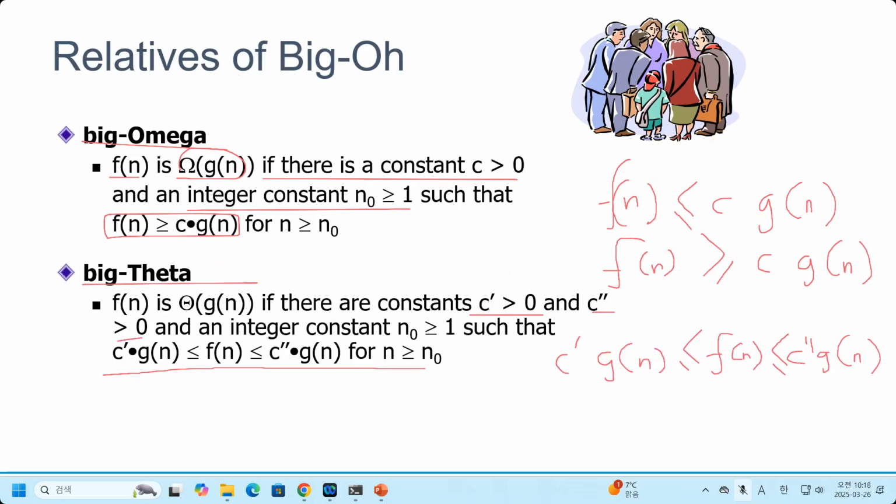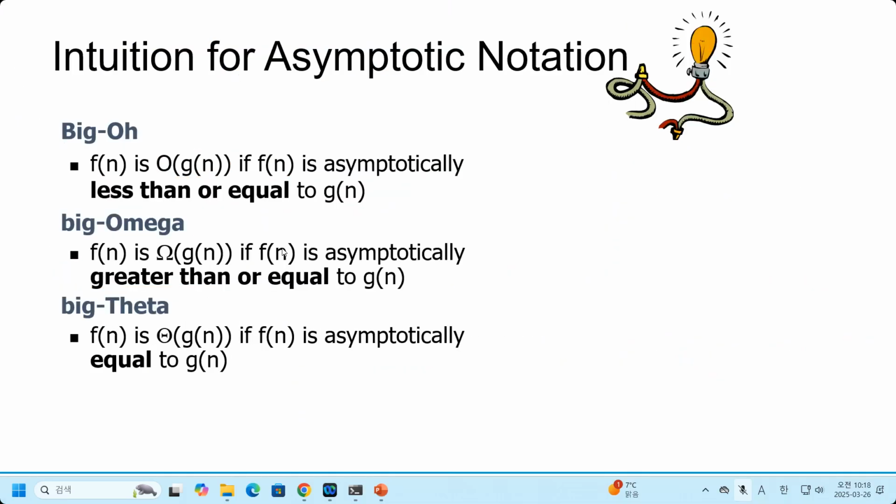So we call this big theta. In a simple expression, if it is big O, it is less than or equal to g(n). If it is big omega, it is greater than or equal to g(n). If it is big theta, then it is equal. So that's the simple definition of asymptotic notation.